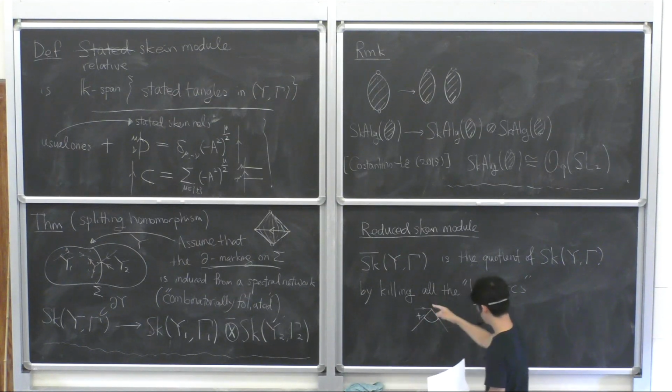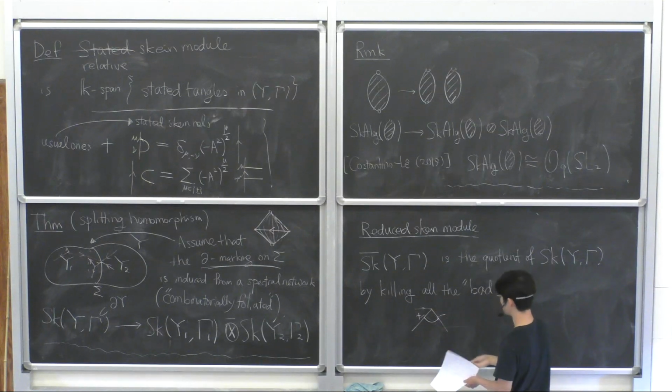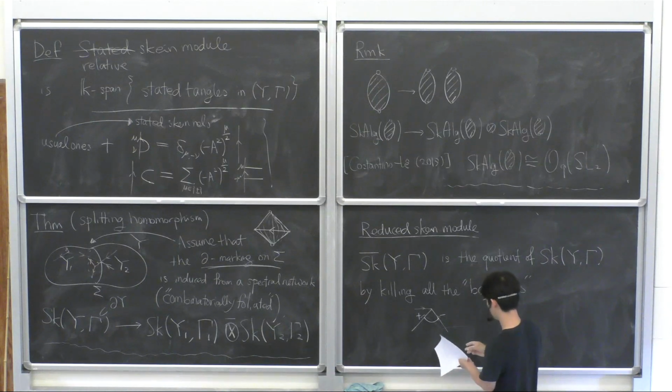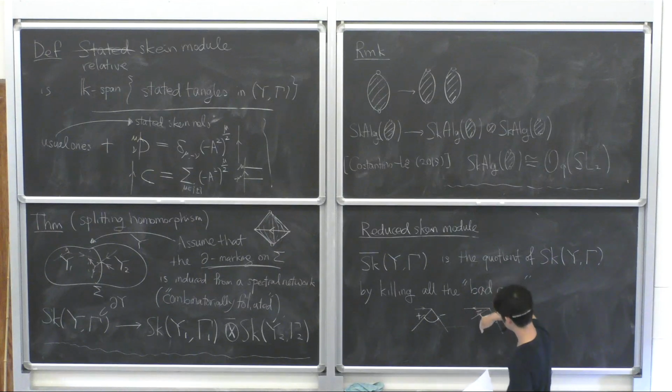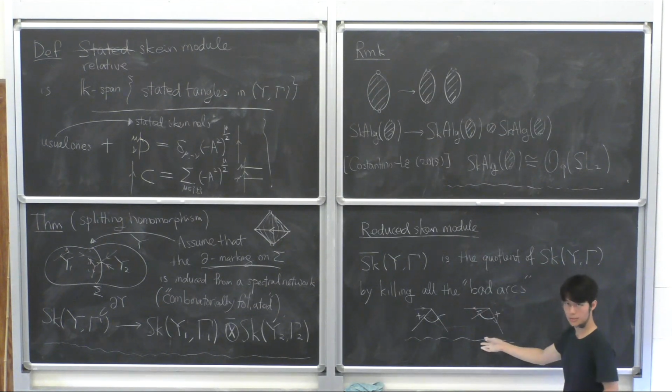These are tangles that are localized near a vertex of the boundary marking, where if it's a sink, and the sign goes from minus to plus going clockwise, or if it's a source, and the sign goes plus to minus going clockwise, and these are the bad arcs. And we want to kill these elements.